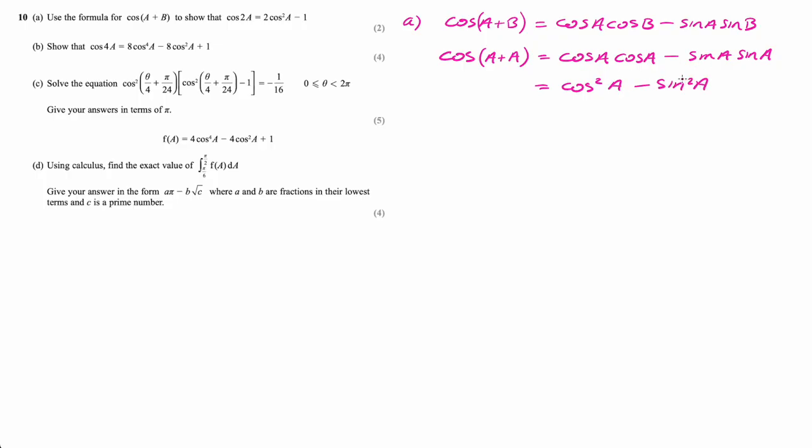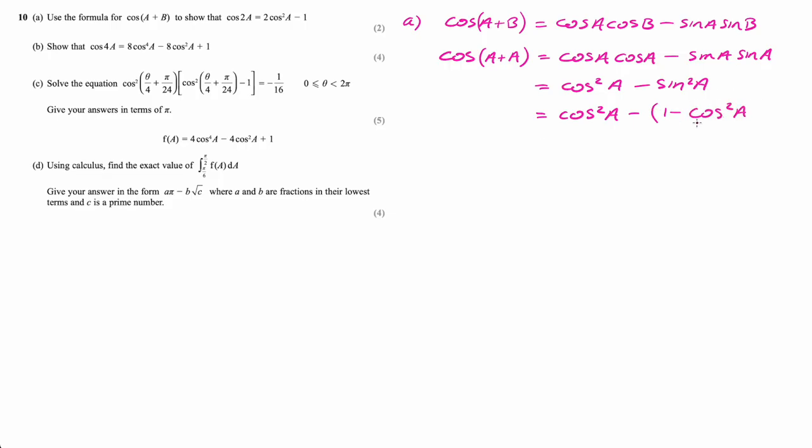Now he wants it to look like that, so I need to get rid of the sine squared. So it's cos squared a minus sine squared a, and that equals, well, sorry, sine squared is 1 minus cos squared a.